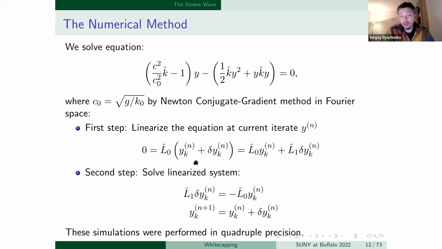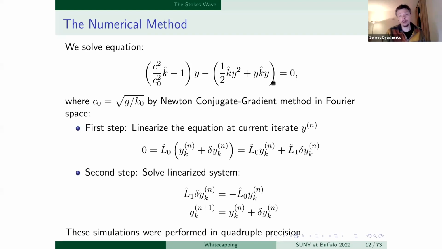But then you can linearize around your current iterate. Here, by the way, the subscript k just denotes that it's more convenient to do this procedure on the Fourier side rather than in the u space. So you can write this equation either in Fourier space, by just taking the Fourier transform of the entire equation, or you can look at the equation as is.